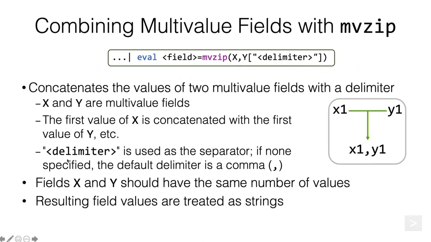The default delimiter that is used is a comma if one is not specified. And one requirement is that both of these fields that are passed in as the first two arguments should have the same number of values.